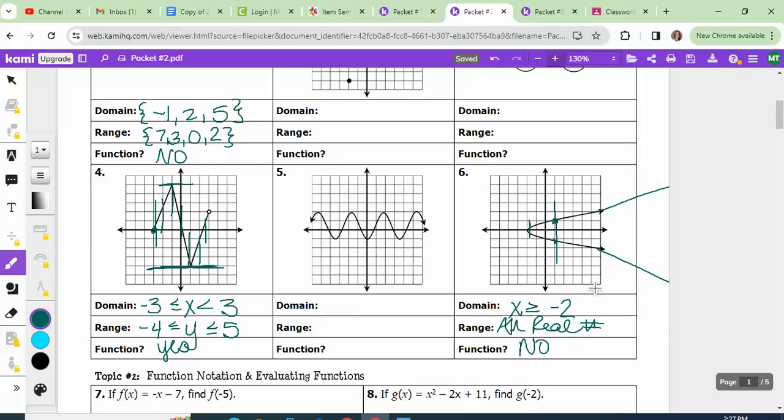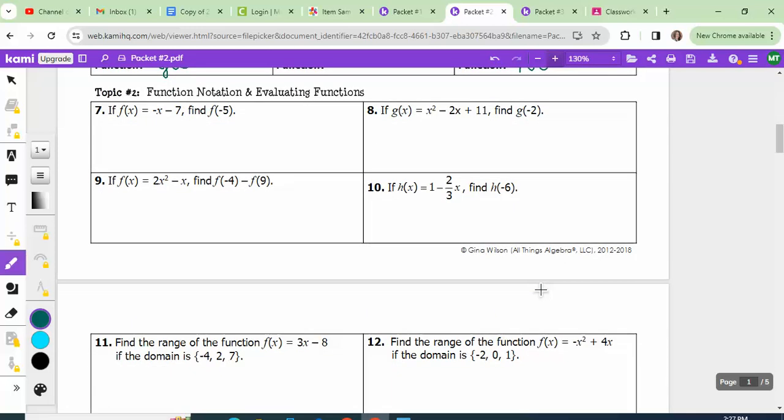So we're talking about functions from our graphs. We can also look at them in equation form, like function notation. So let's just try one of these. If I tell you f of negative 5, what is that asking you to do? Substitute. Yep.